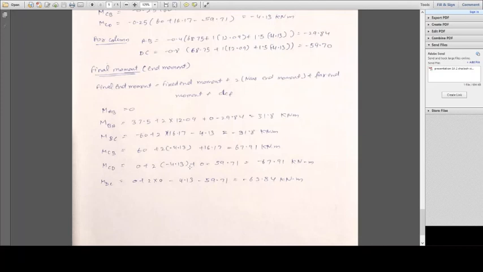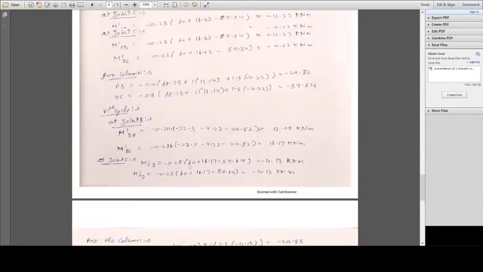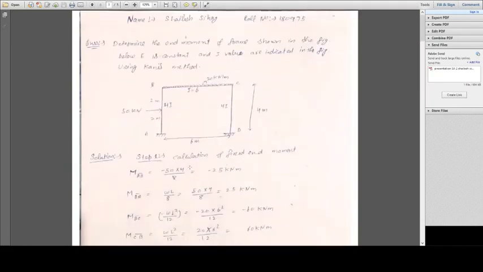Similarly MBC is equal to 31.8 kN/meter. MCB comes out to be 67.91 kN/meter. MCD comes out to be minus 67.91 kN/meter. MDC comes out to be minus 63.8 kN/meter. So these are the final end moments that we have to calculate for this given frame.